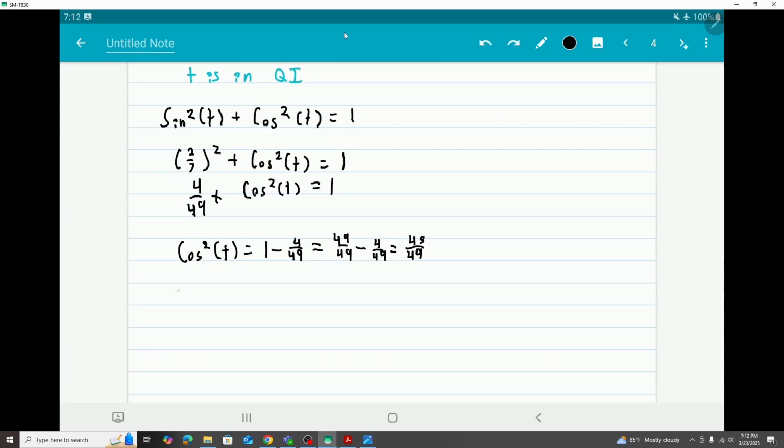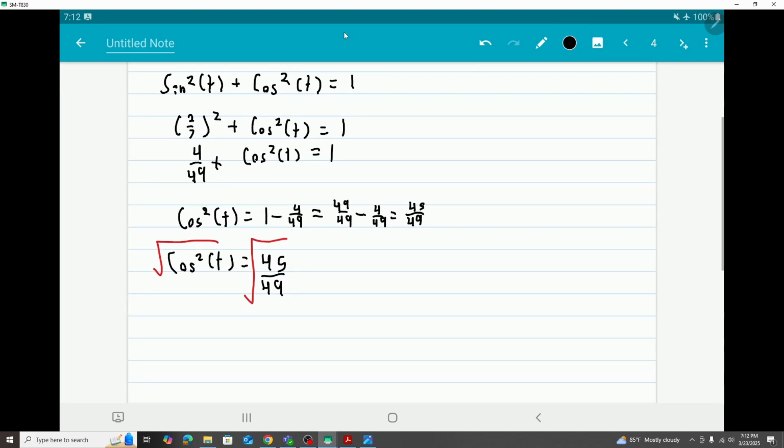Actually, let's just keep going here. So cosine squared of t is 45 over 49. But that's the square. So let's take a square root of both sides. Then cosine of t is, we need a plus or minus to start. Plus or minus.